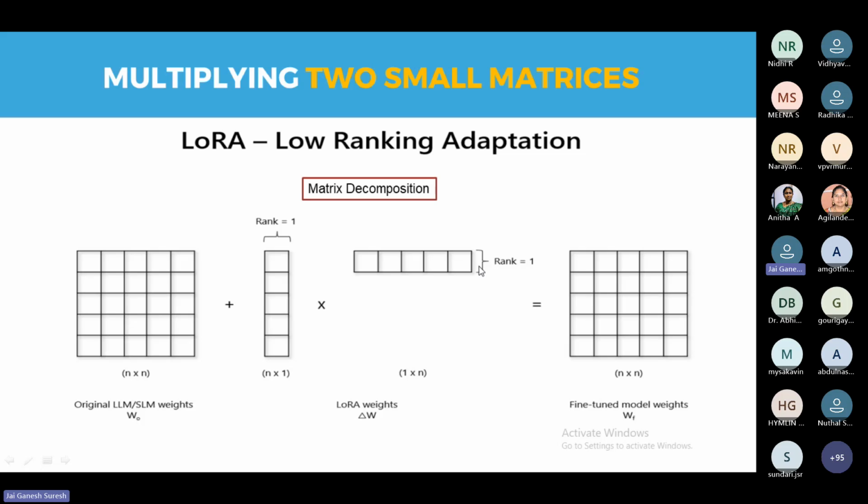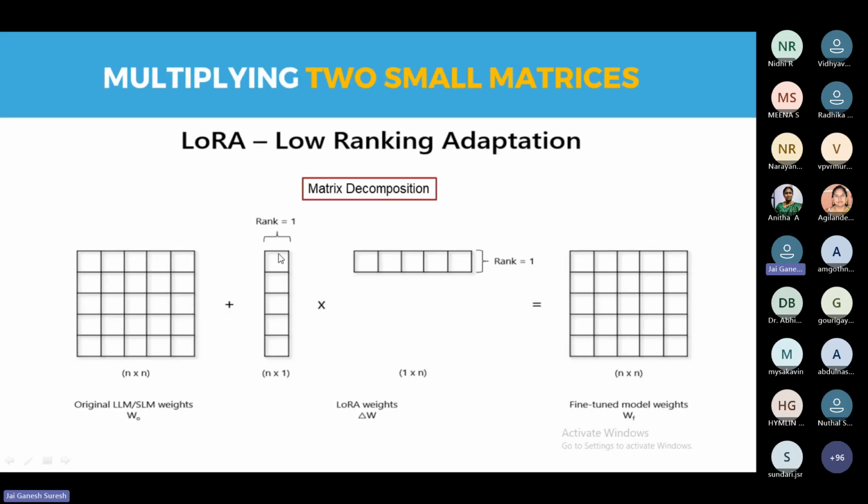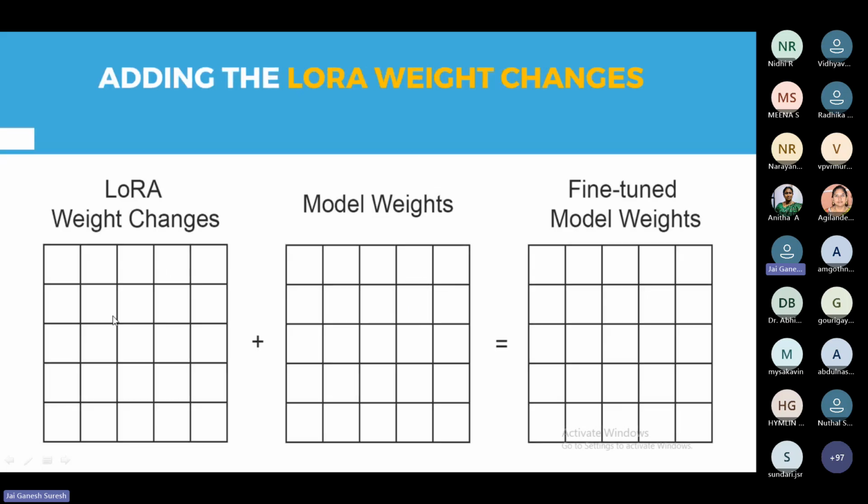I don't have all the 25 pixels here. Instead, by using these two simple matrices, I'll form the LoRA weight changes by multiplying them: this cell with this cell, this one with this one, and likewise. We will form the same matrix that looks like this.